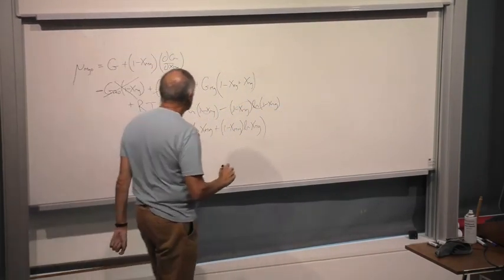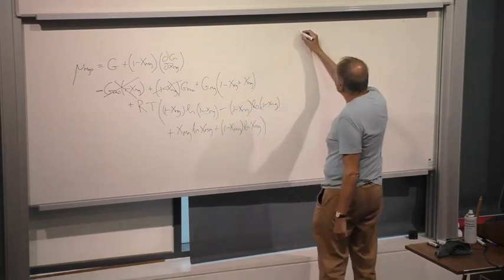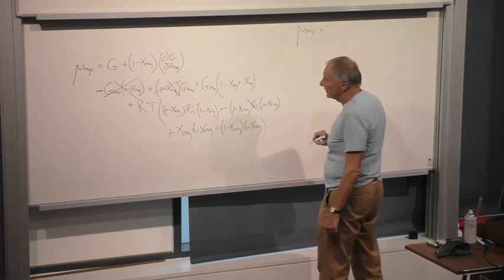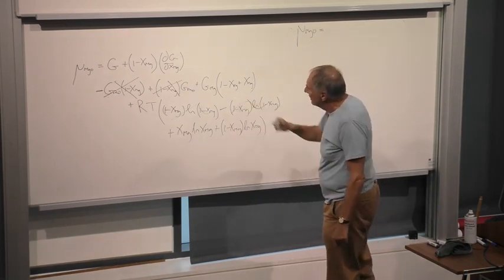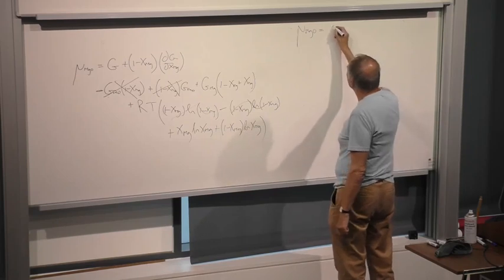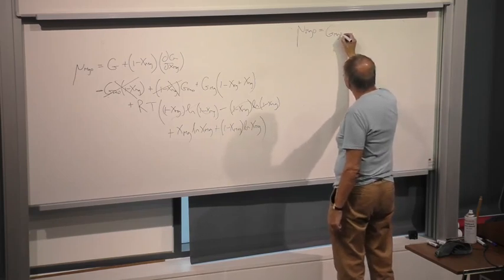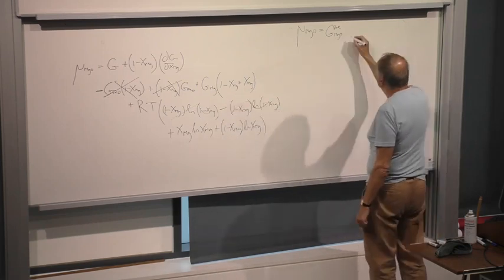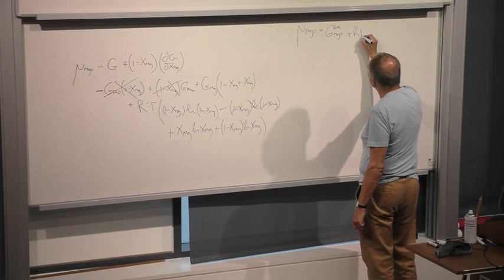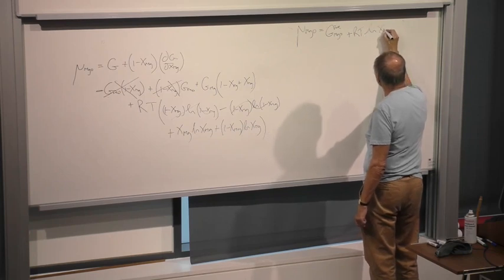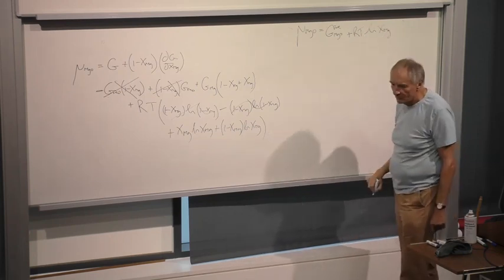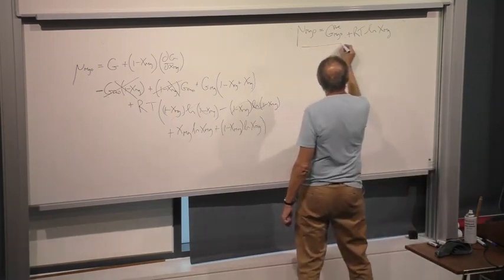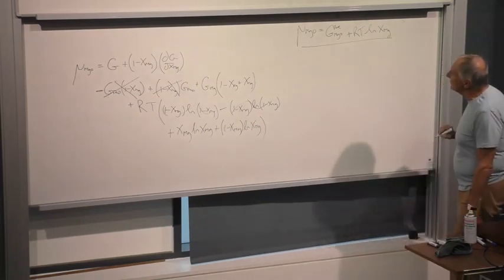And we end up with a very simple result that mu MgO equals G MgO, so that's the pure phase from here, plus RT ln xMg. That's a very important result.